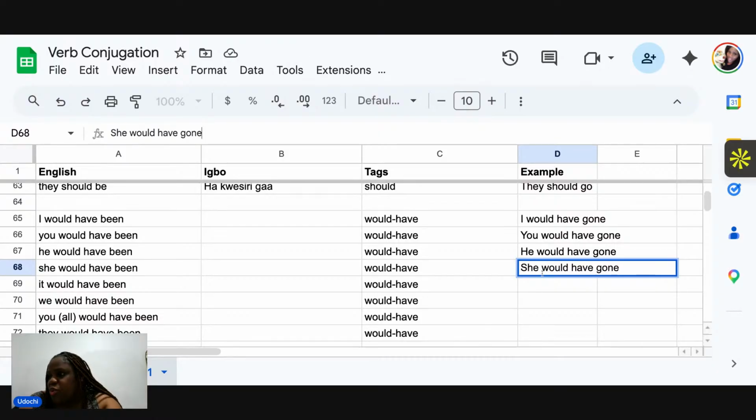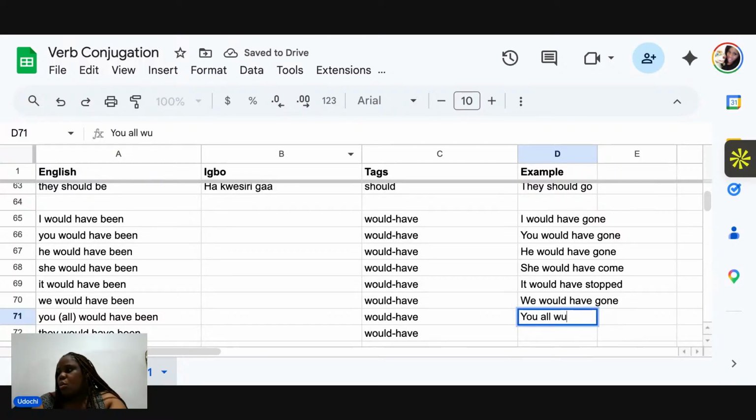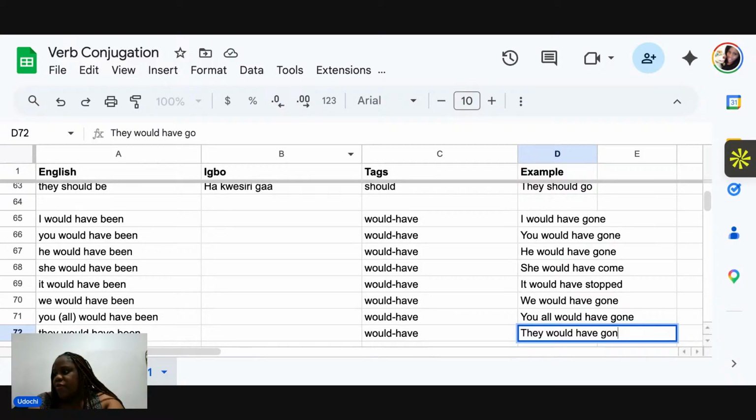No, we'll say she would have come. It would have stopped. We would have gone. You all would have gone. They would have gone. Okay, now let's try to make this Igbo.